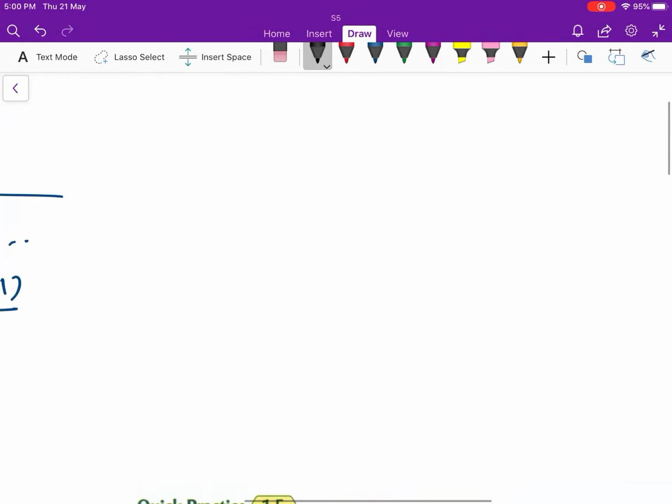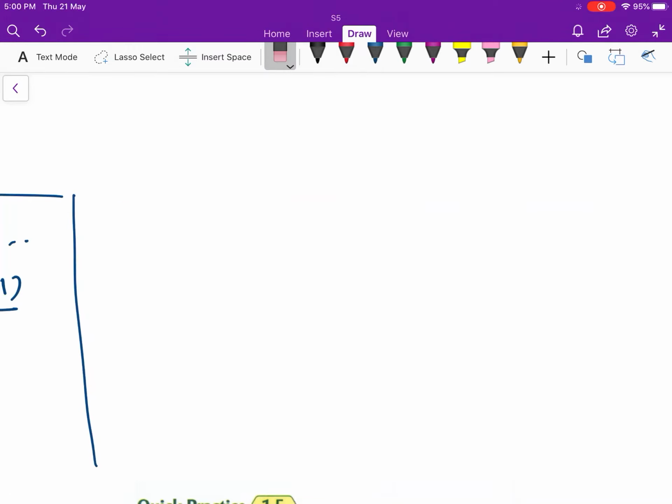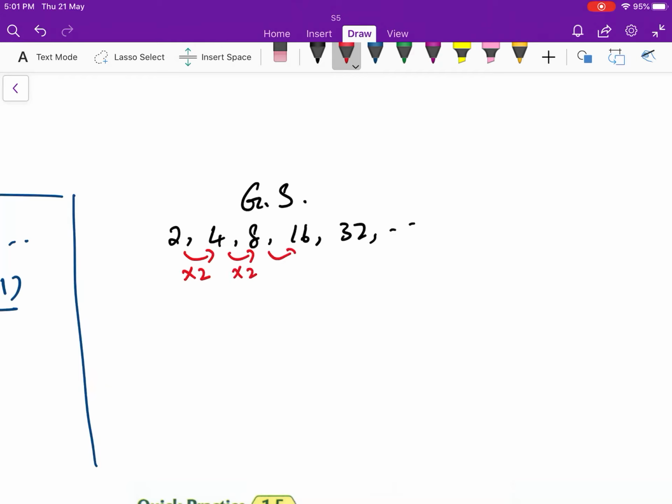After we know the AS property, let's take a look at the GS. GS is talking about terms that are multiplied by the same ratio. For example, 2, 4, 8, 16, 32. They have the same ratio, all of them times 2. We also have A equal to 2.